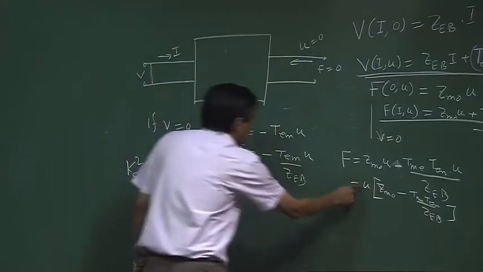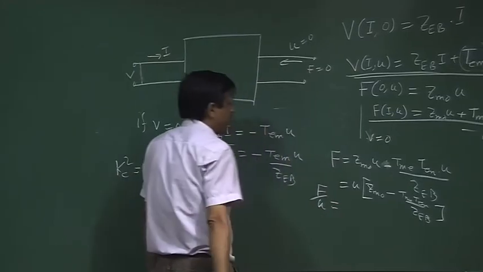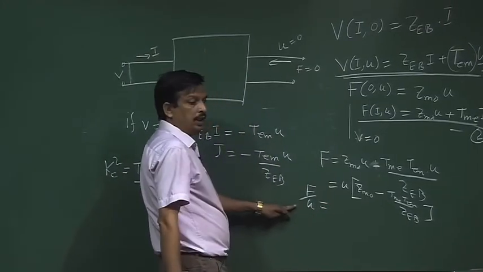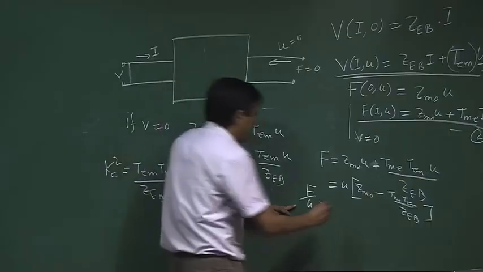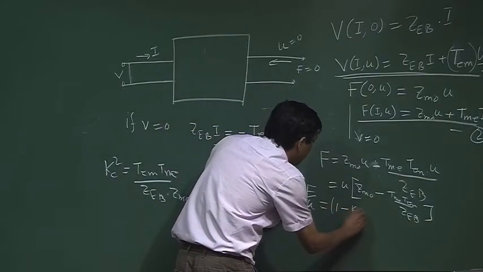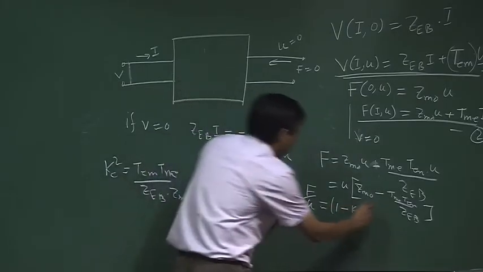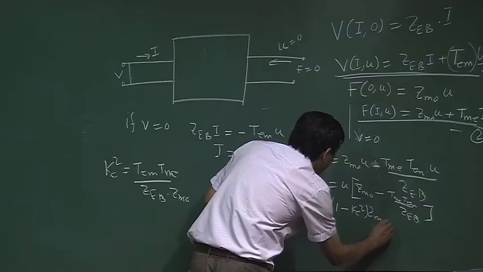So I can write F by U. What is F by U? F by U is equal to 1 minus Kc square into ZMO.